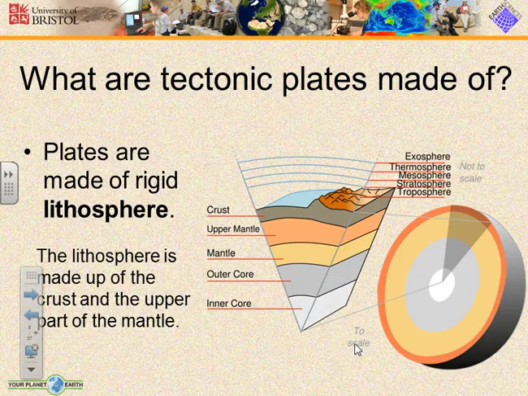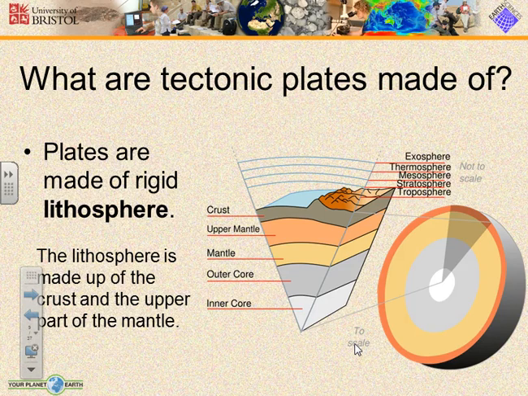Here we go back to review of Earth's structure. It's important that we cover this again because we're talking about plate movement. So let's talk about what the plates are made of. Please do not forget that our plates are made of what we call the lithosphere.